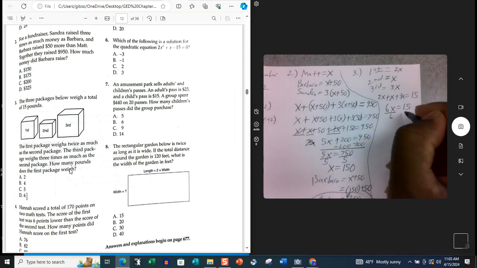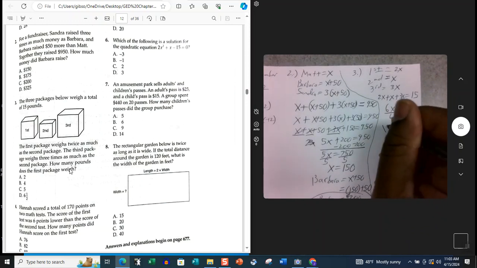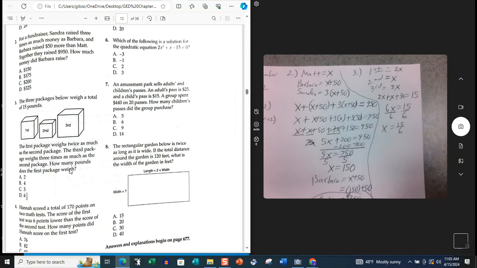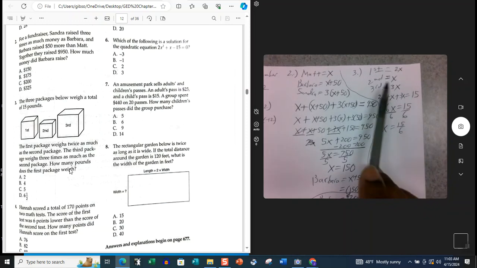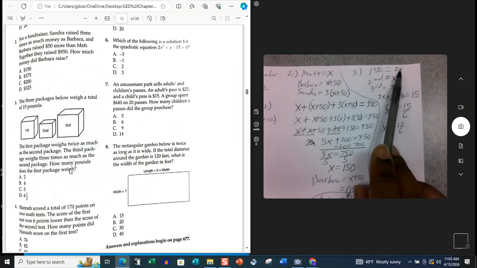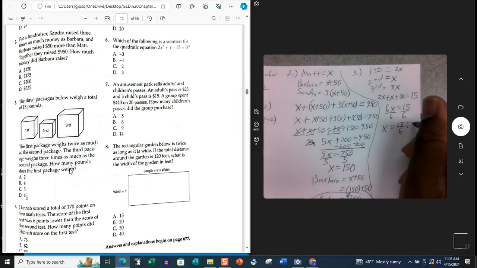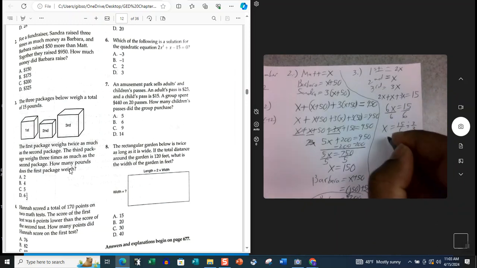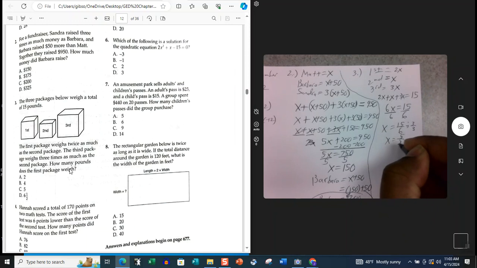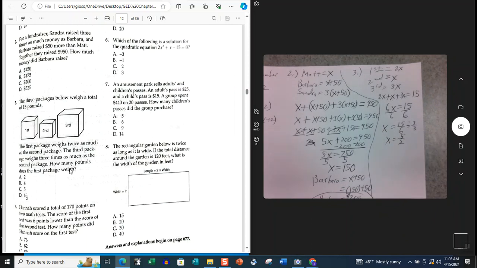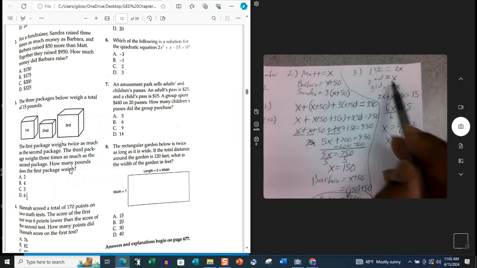Now we would divide each side by 6, and X is equal to 15 over 6. Now remember, X is the second package, but they asked us to find out how much the first package weighs. So first, let's simplify this. We could divide the top and bottom by 3, so that'll give us 5 halves. We could leave it as 5 halves until we actually complete the problem.